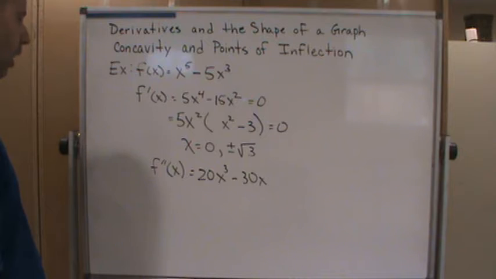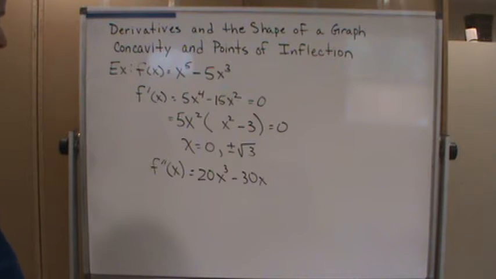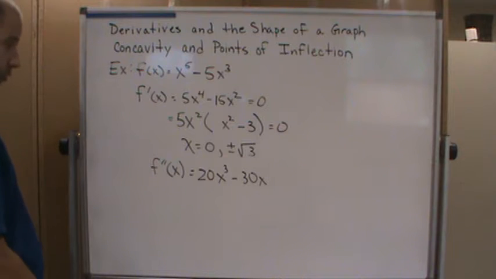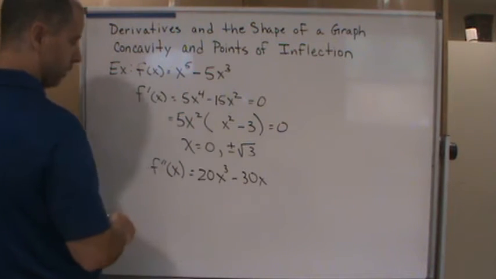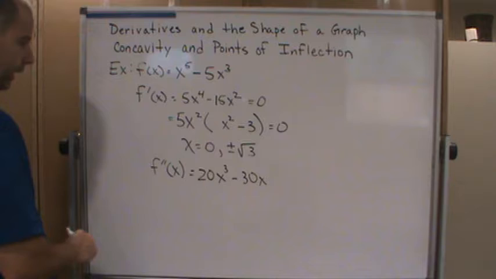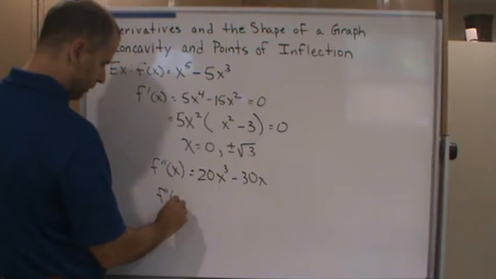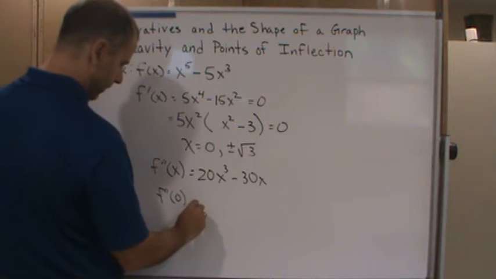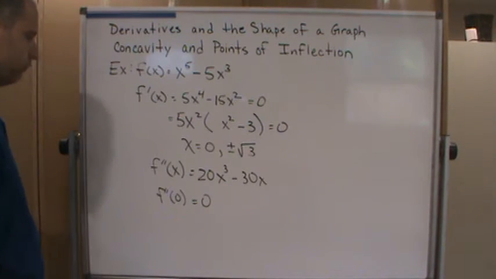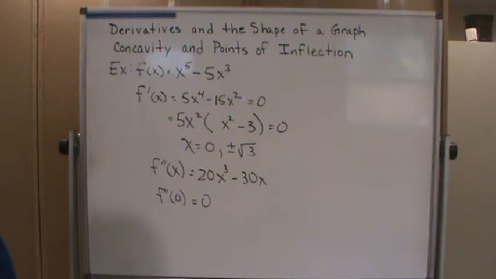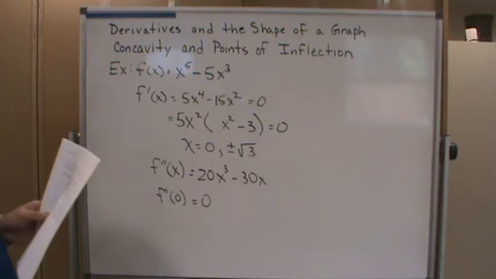Okay? And so all we're going to do is evaluate this at each of the critical points, critical values. So if we put in 0, let's do f double prime of 0, that's an easy one. You get 0. So in this case, it's inconclusive at 0.